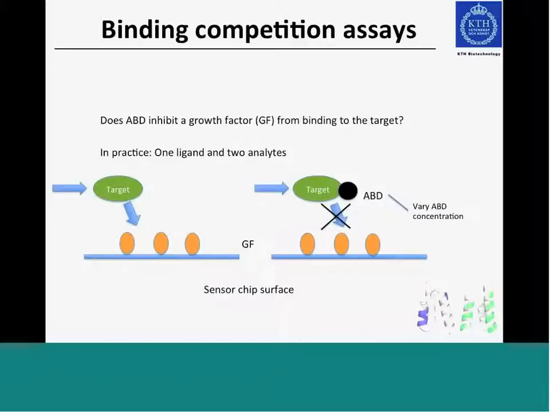In this setup, we use growth factor that we immobilize on the surface, and we inject the target with or without our analyte. So on the left, you will see a typical reference injection. So you have just the growth factor and you inject the target. And then in the actual sample injection, you have ABD, and you can vary that, as we will see in the next slide.